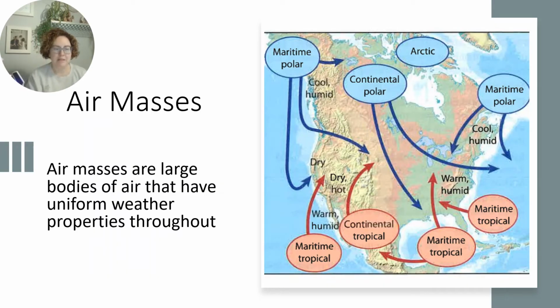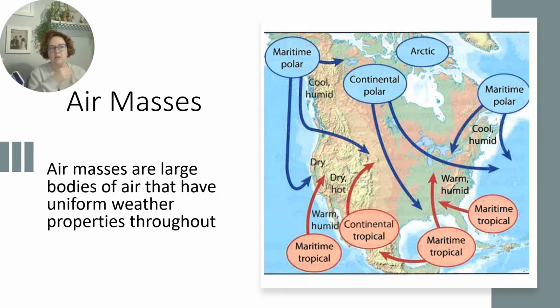So, air masses. We've already talked about air masses a little bit. These are large bodies of air that have a uniform weather property. We have talked about how air towards the poles tends to be more dense and cooler, versus air near the equator, which is warmer.